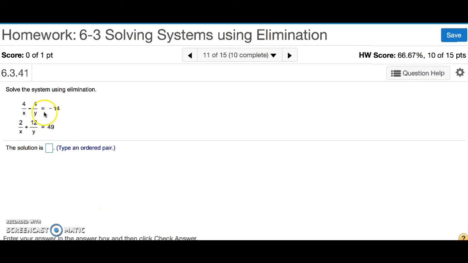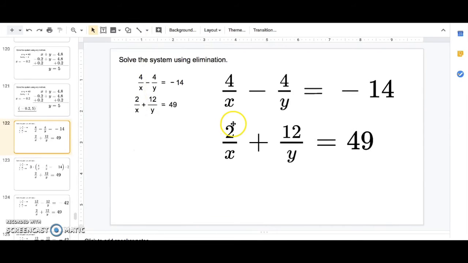Okay, so we're solving the system using elimination. Looking at both of these equations, we see the variables are inside of a fraction. That's okay, we can still use the same methods to solve it. So what we're going to want to do, same as the other ones, is make either our x's the same but different signs, or the y's the same but different signs. Me personally, I'm going to make the y's the same but different signs because they already are different signs.